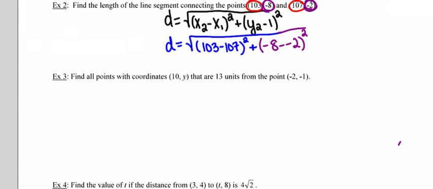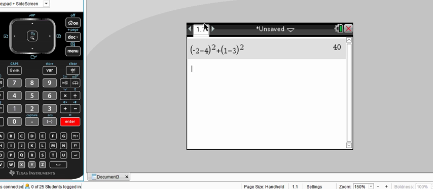And once again, when I go to my calculator, I'm always going to start by putting in that open parentheses. So again, I'm going to dig out my calculator. You're going to dig out your calculator so that you have some practice and some experience doing this. And I'm going to go ahead and start with the open parentheses.